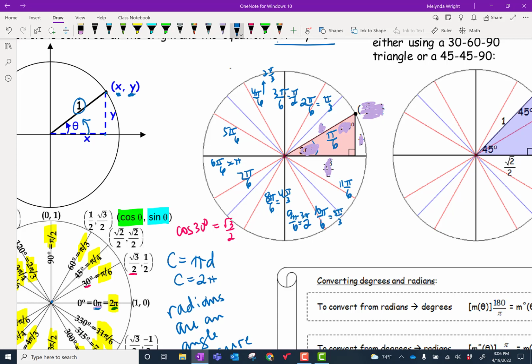And 11 pi over 6. And then this would be 12 pi over 6, or 2 pi.